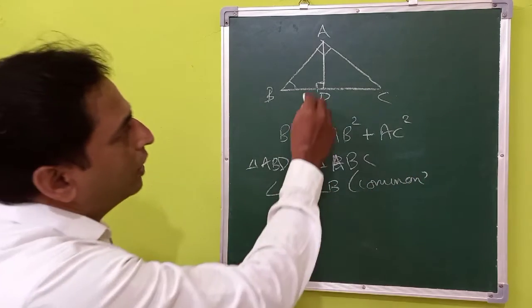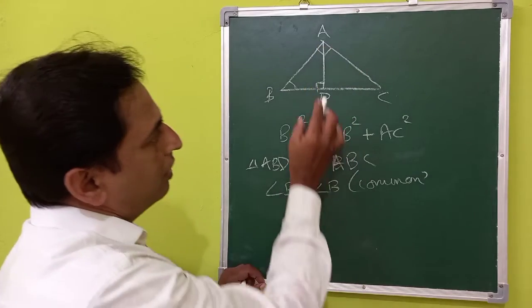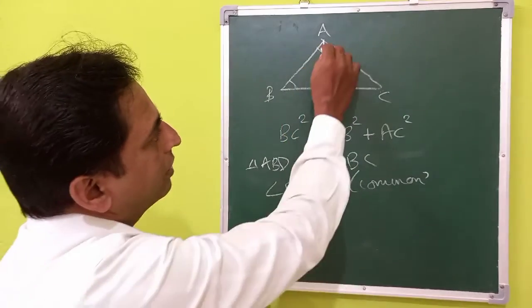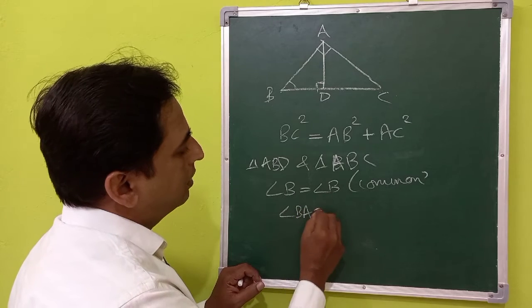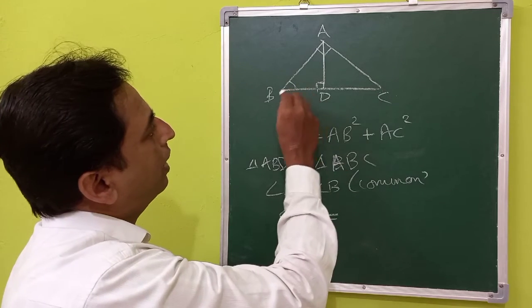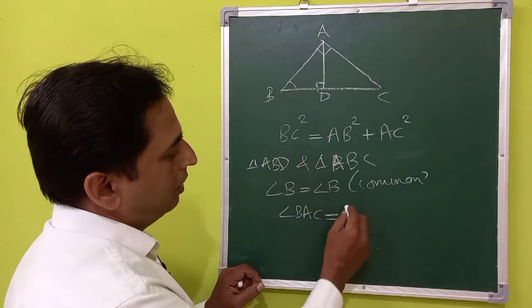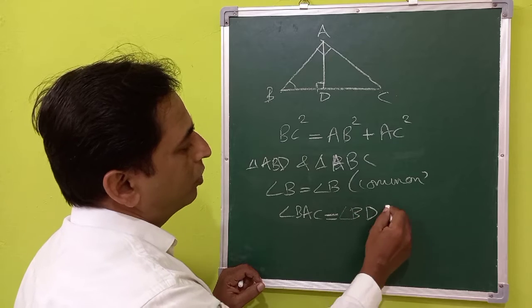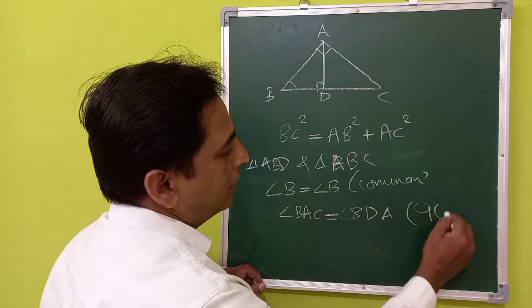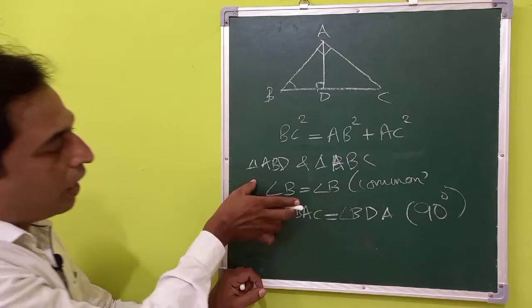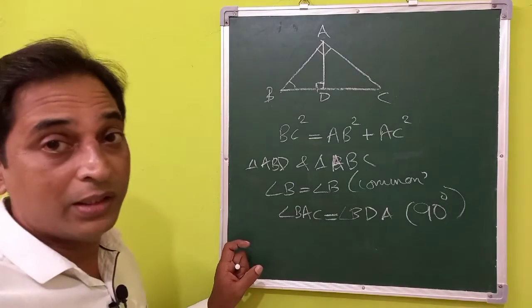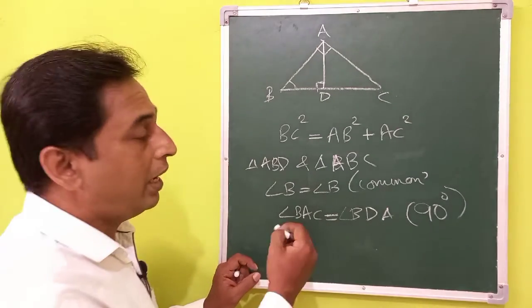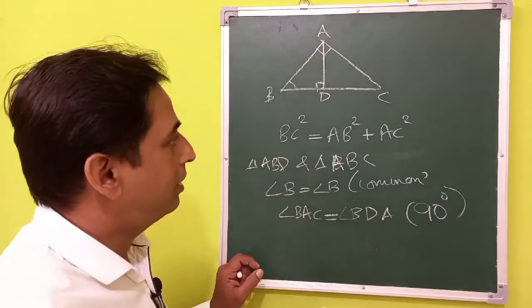And you can see two right angles in both the triangles, that is angle BAC is equal to angle BDA because both are 90 degrees. Now we have two angles which are equal. Hence we can apply the similarity criterion, AA criteria, angle criteria.